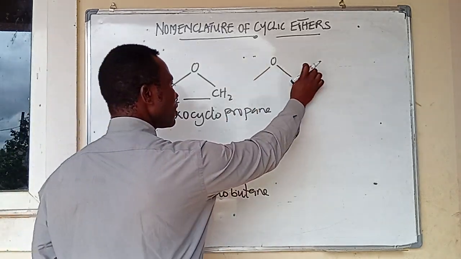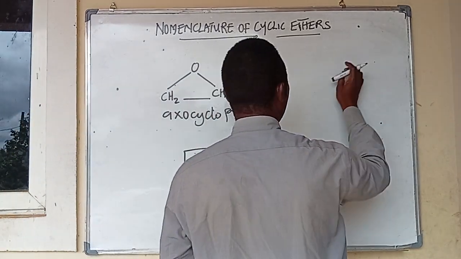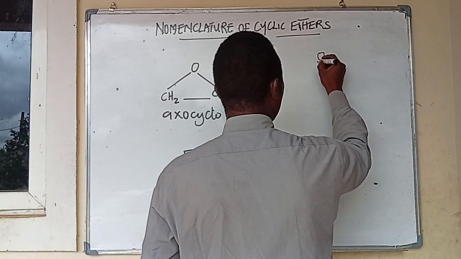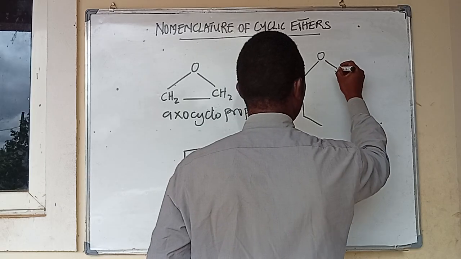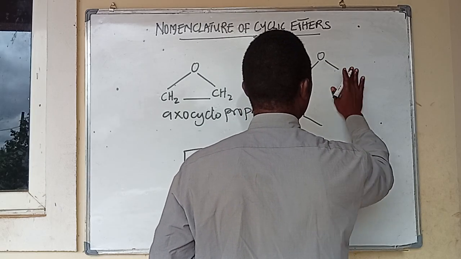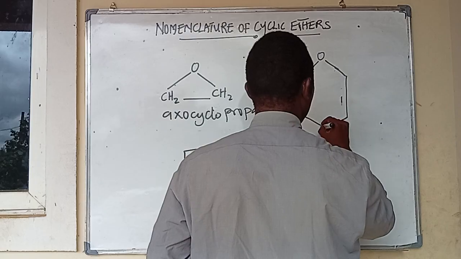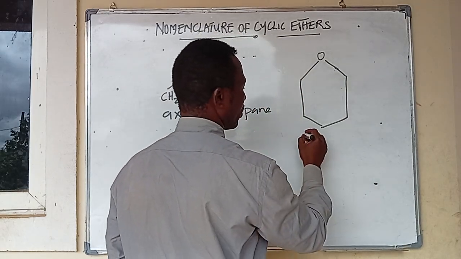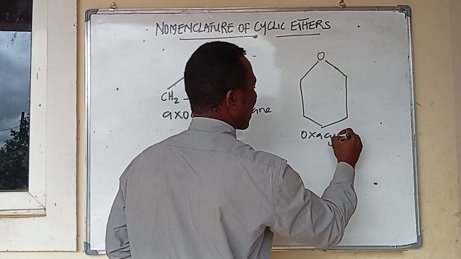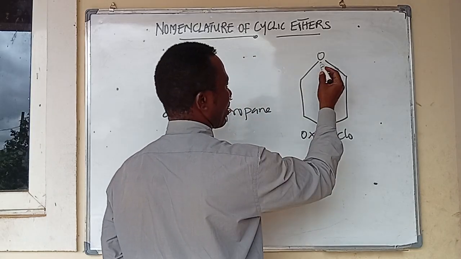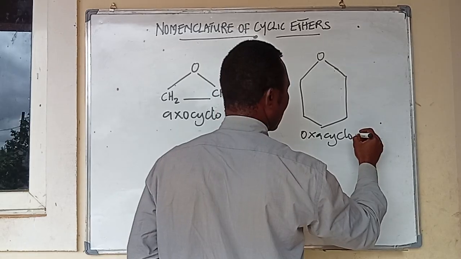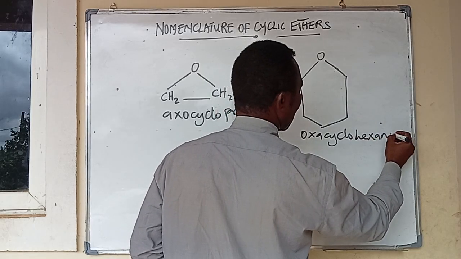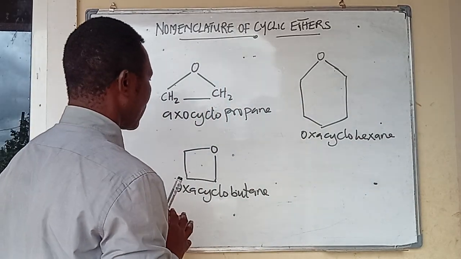So the alkane represents the number of atoms. Right. So when we have a compound of this nature, it becomes what? Oxacyclo. How many atoms? 1, 2, 3, 4, 5, 6. That is a hexane. So that will be oxacyclohexane.